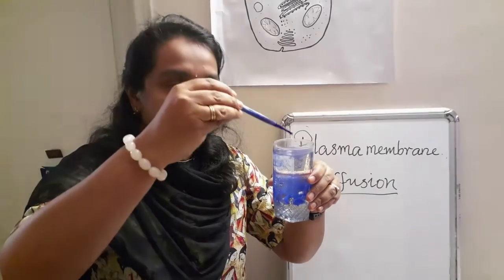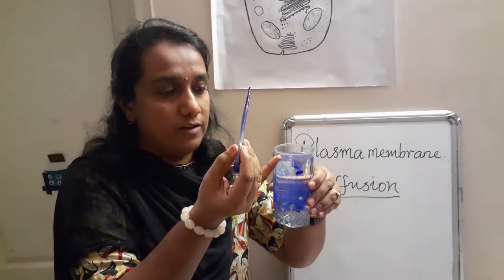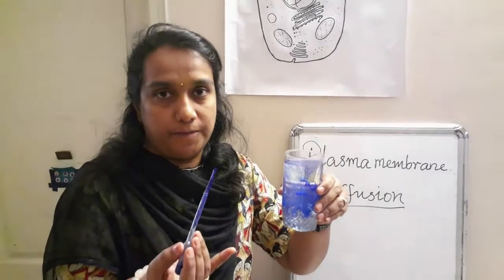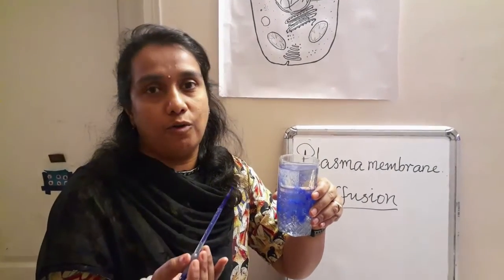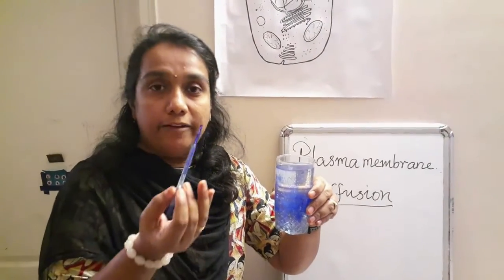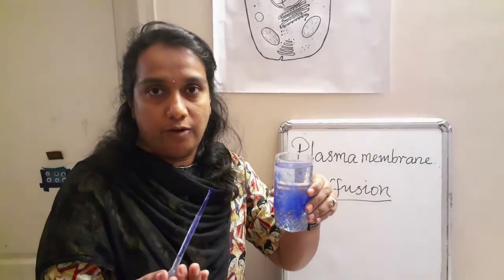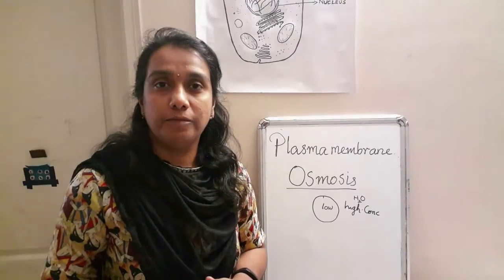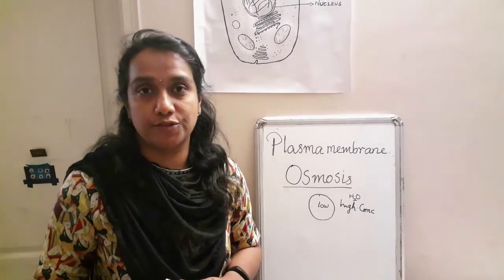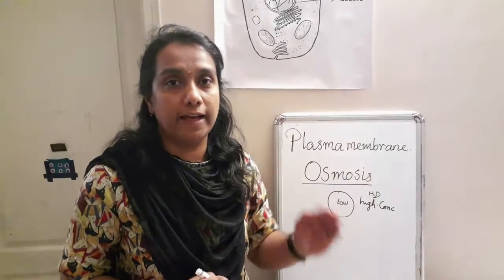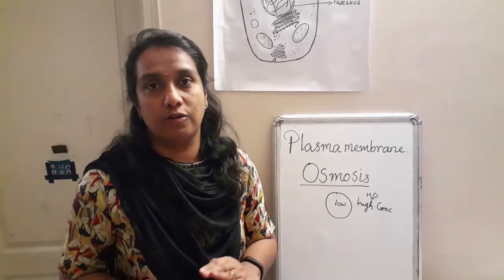It plays an important role in the transport of materials from one cell to another and from a cell to the outer environment. I hope the concept of diffusion is clear to you. Diffusion is the movement of molecules from high concentration to low concentration.